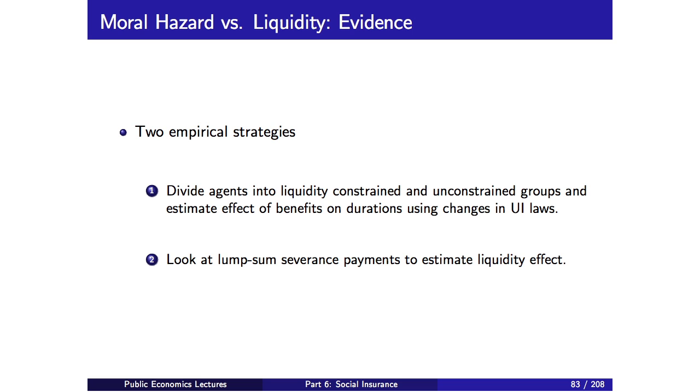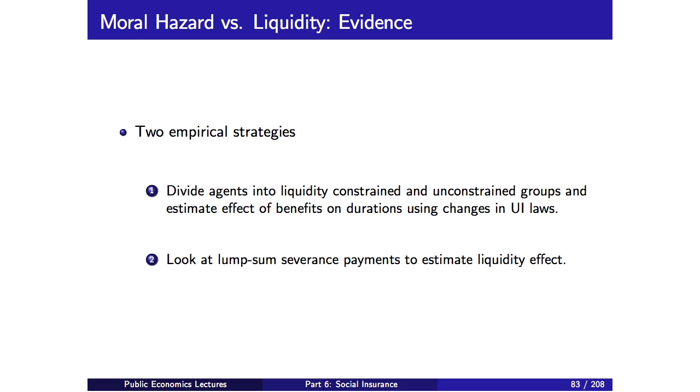So the first approach, which goes back to the ideas of an old literature on consumption, is to divide agents into those who might be liquidity constrained versus unconstrained, and estimate the effect of benefits on durations using the usual changes in UI laws type of approach. So the idea is to look for heterogeneity in the impacts of UI benefits based on how liquidity constrained people are.